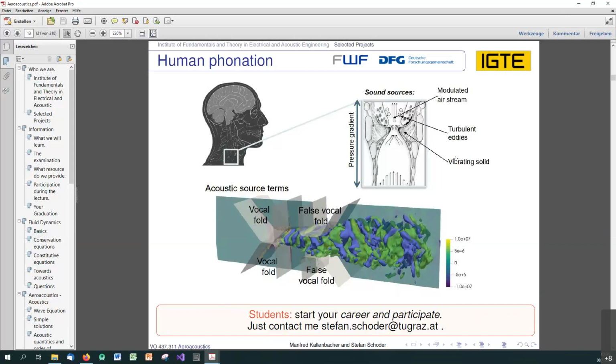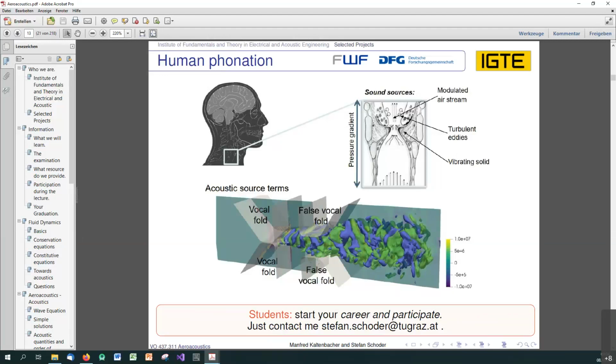Okay, so the whole setting is that the vocal folds are vibrating due to the airstream which you are pressing from the lungs through your mouth.